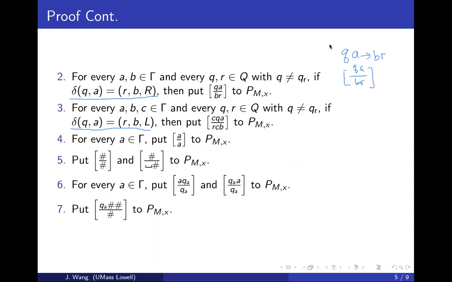So of course, the next one would be you try to move to the left. In this case, let's say I have C, this is a symbol, I have an A, now it's pointed at A, and this is Q, so we move to the left.